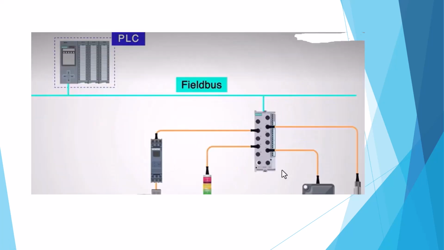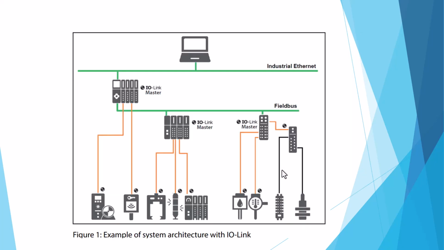Also, the IO-Link master communicates to the PLC by using fieldbus. So this is the IO-Link master, and this one is the device. The IO-Link master connects using fieldbus.